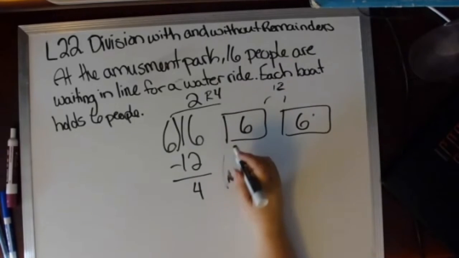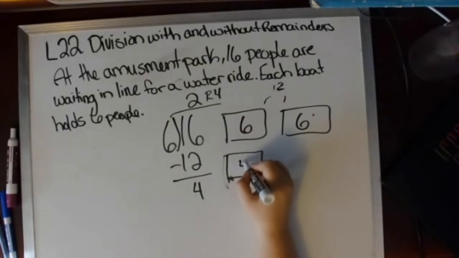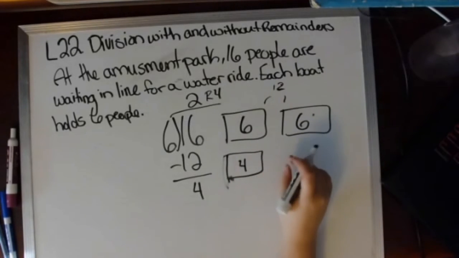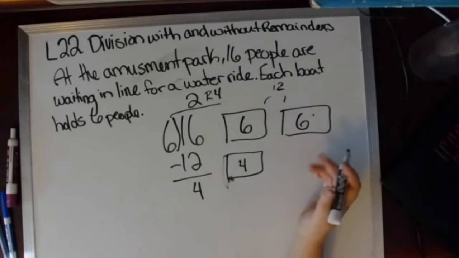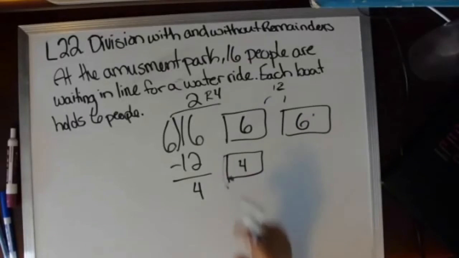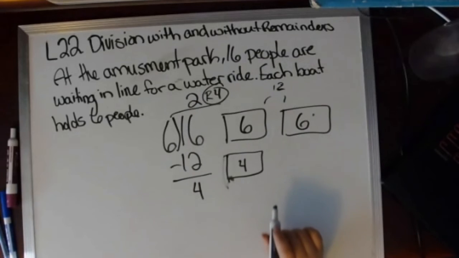That means we need another boat, even though that boat only has 4 people in it. So it is not a full boat. We could fit more people in, but right now we only have 16, which means for A, the minimum number of boats we need is 3, not 2. Because of this remainder, we need that extra boat, even if it's not a full boat.